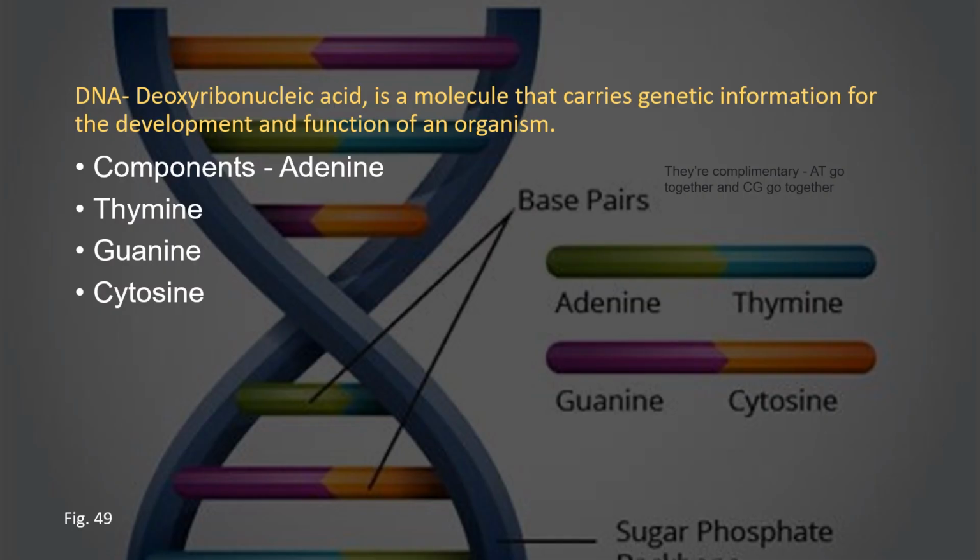DNA stands for deoxyribonucleic acid. It's a molecule that carries genetic information for the development and function of an organism. Its components are adenine, thymine, guanine, and cytosine. They're complementary, so the A's and the T's go together, the adenine and the thymine, and the guanine and the cytosine go together.